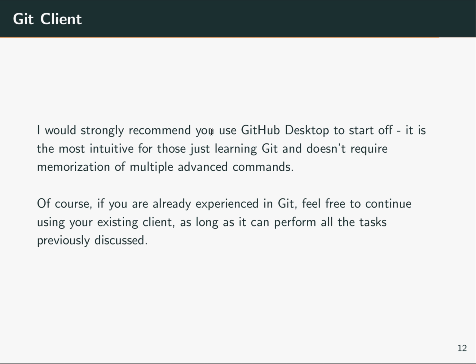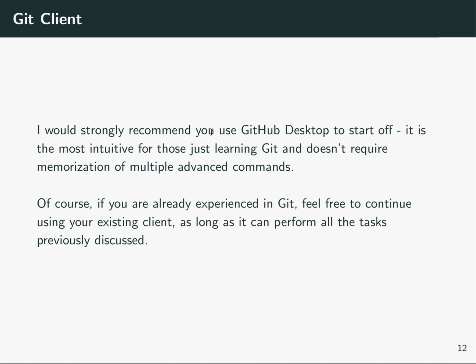If you've never used Git before, then I would strongly recommend you start off with GitHub Desktop, because it's a very intuitive way of handling things that does not require much complexity, and as long as you understand all the terminology that I've just discussed, don't worry if you don't quite understand everything. You can ask me any questions, or go and review the video later when you're actually working with Git. But as long as you understand that terminology, then you'll be in good shape to start working with Git.